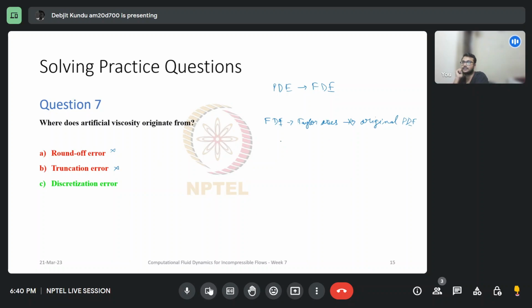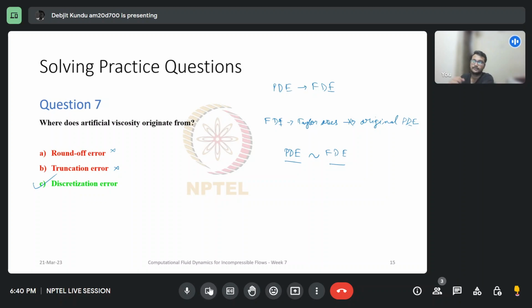So it is actually the difference between the original PD and the discretized version of it. This mathematical difference between the two is the origin of artificial viscosity. So that's why discretization error, in a sense, is the origin of artificial viscosity. Is that clear?